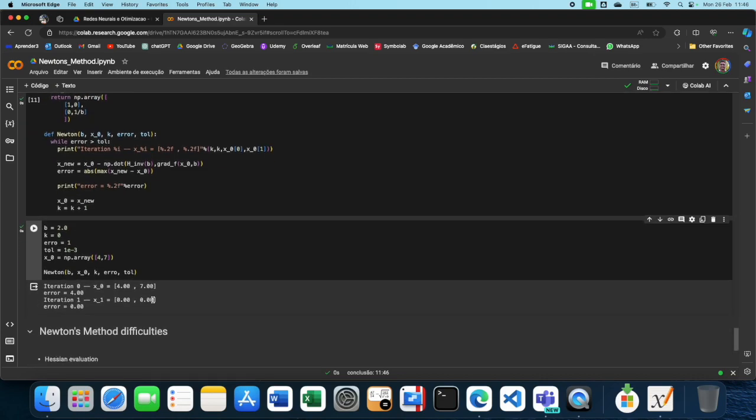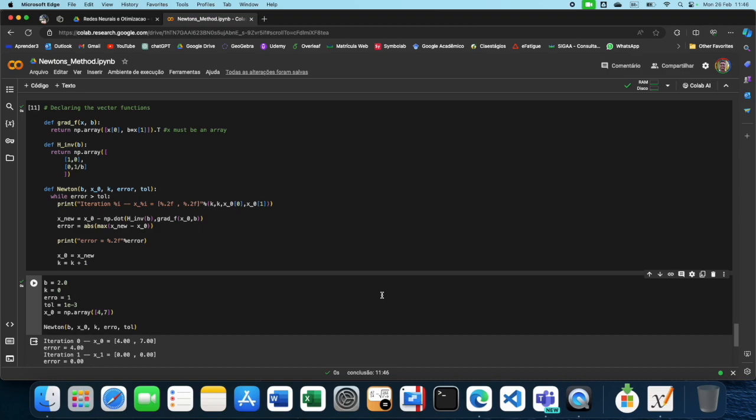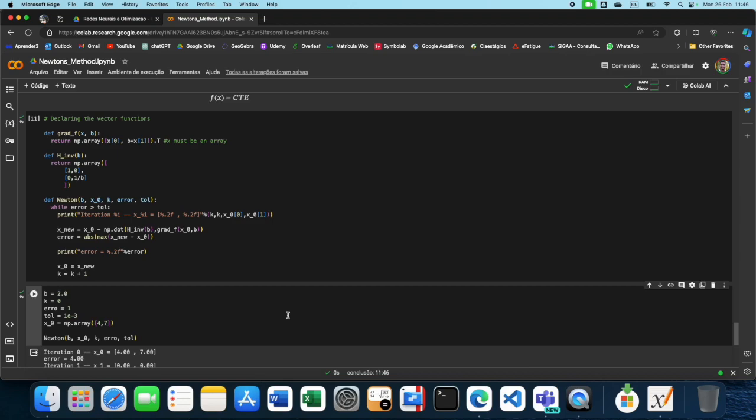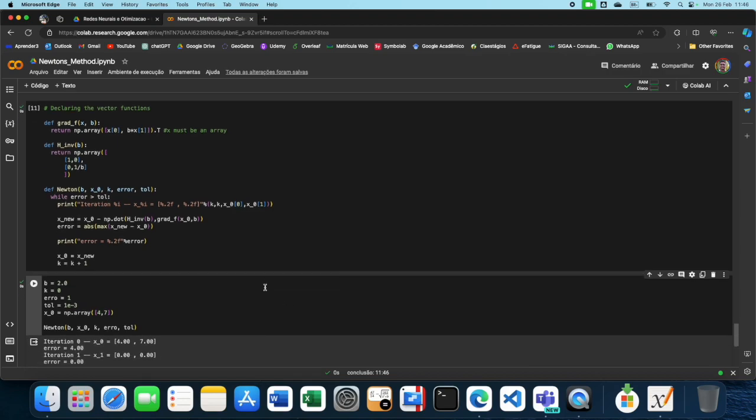And this answer was so quick because this function is a convex function. Imagine that we are riding our bikes or skates on a very steep descent, on a road with a very great slope, and we are going down.